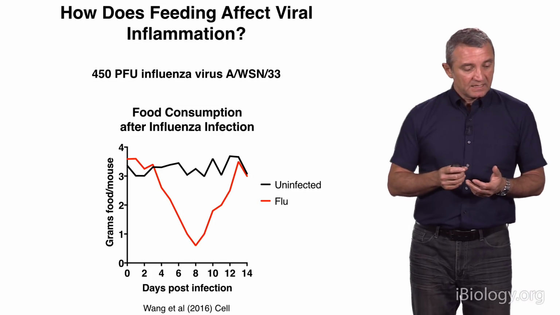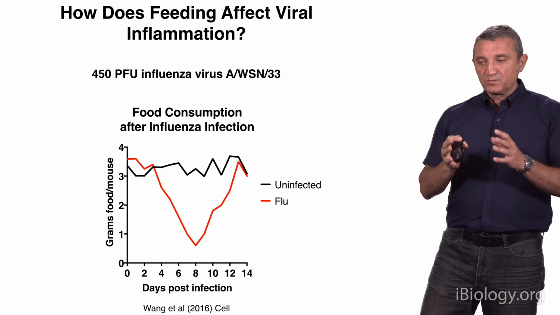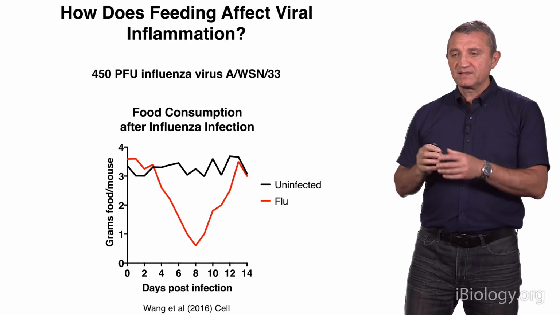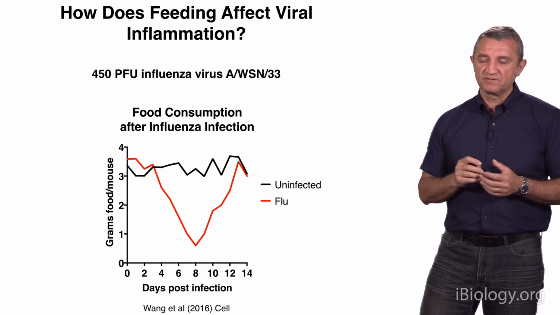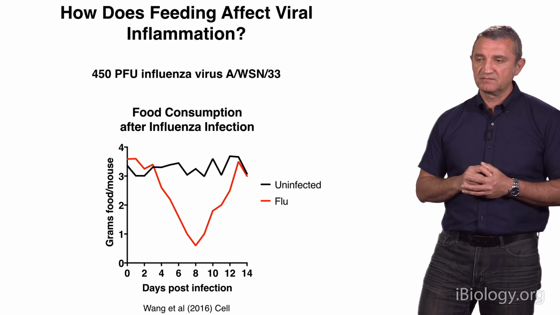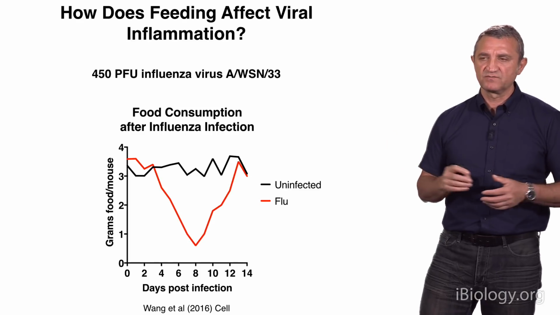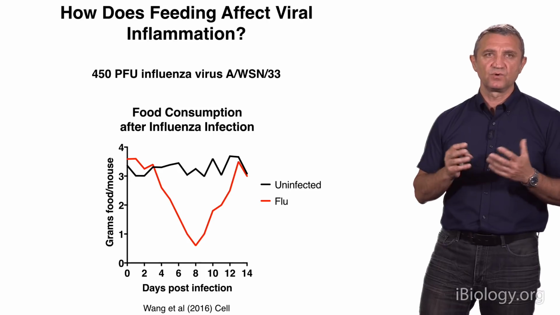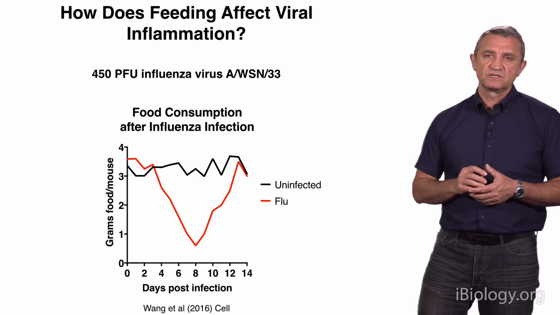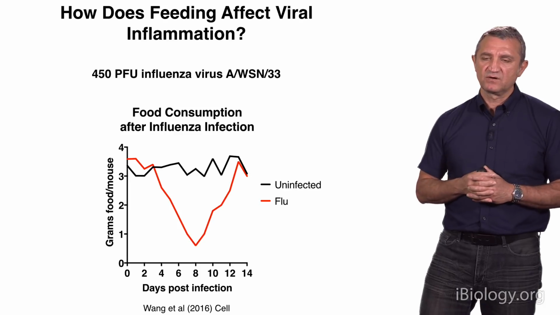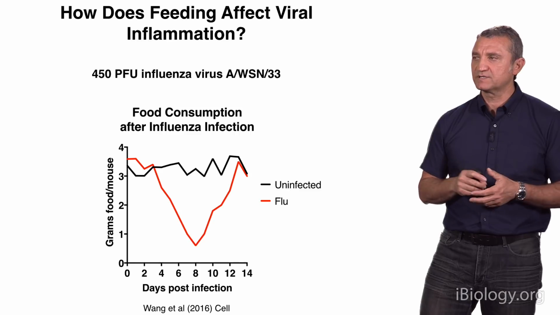And while we found this very dramatic effect of glucose and 2-deoxyglucose on bacterial infection and sepsis, we then asked whether this is a more general phenomenon and whether it applies to all infections. And to address that, we used a mouse model of influenza infection, where mice are infected with a flu virus.